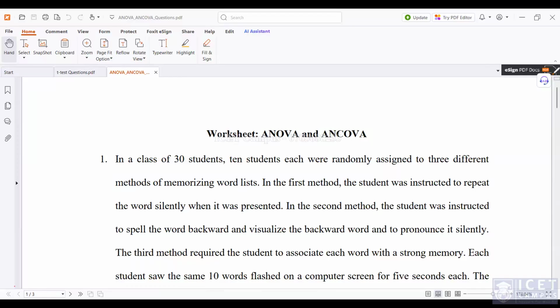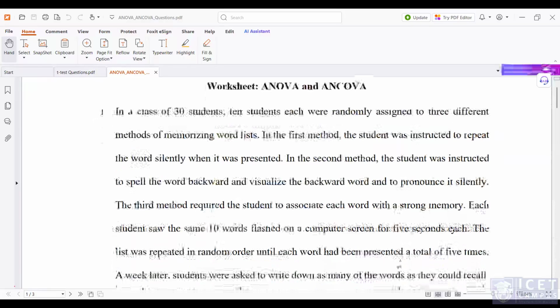In a class of 30 students, 10 students each were randomly assigned to three different methods of memorizing a word list. In the first method, the students were instructed to repeat the word silently when it was presented. In the second method, the students were instructed to spell the word backward, visualize the backward word, and pronounce it silently.